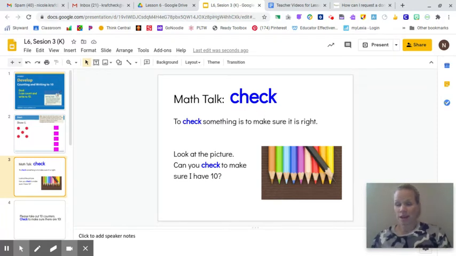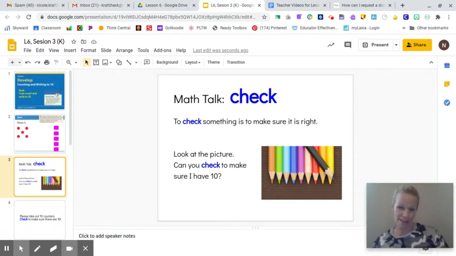So you might hear me say to check your work, okay? Now, check has the letters C, H, E, C, K. Those are the letters in the word check. Now, to check something is to make sure it is right or make sure it is correct.